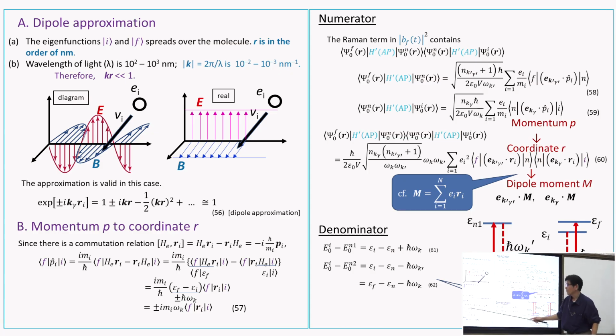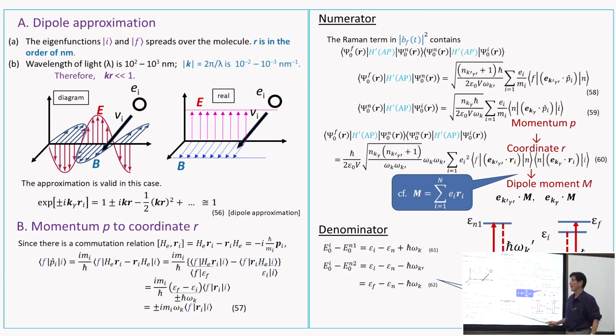And we know that f and i are the eigenfunctions of the Hamiltonian of the molecule H_e. So H_e f is substituted with energy E_f times wave function f.